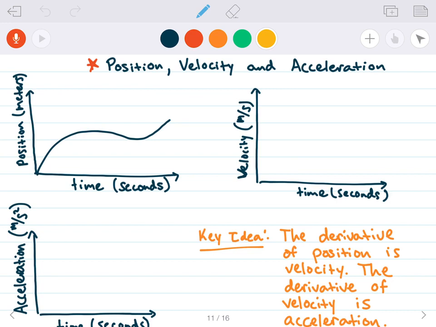Okay, so that's the distinction there. And so we're going to talk about the relationship between these curves. And then acceleration is basically how fast your velocity is changing. So what is the relationship? Well, velocity is the derivative of position, and acceleration is the derivative of velocity.